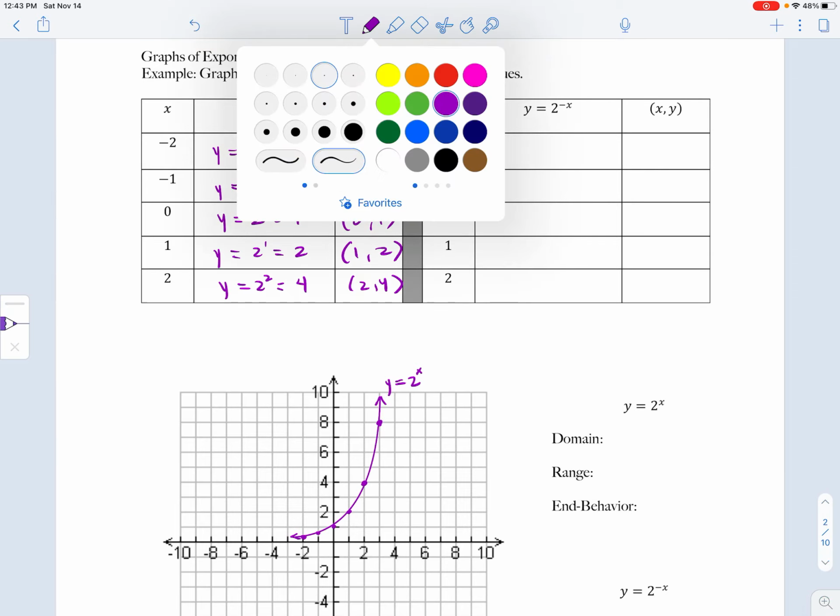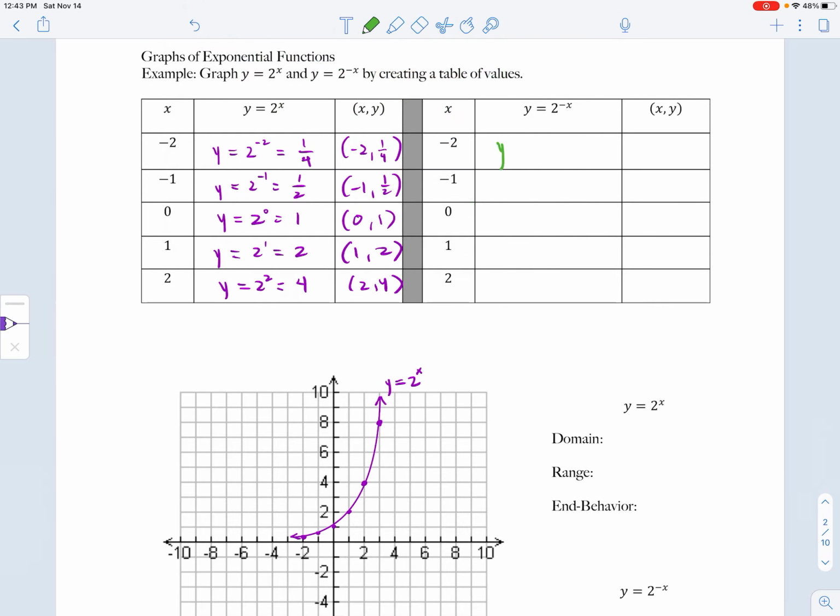And then y equals 2 to the -x. I'll use green. Notice if I plug in -2, that's going to end up being 2 squared, which would be 4.